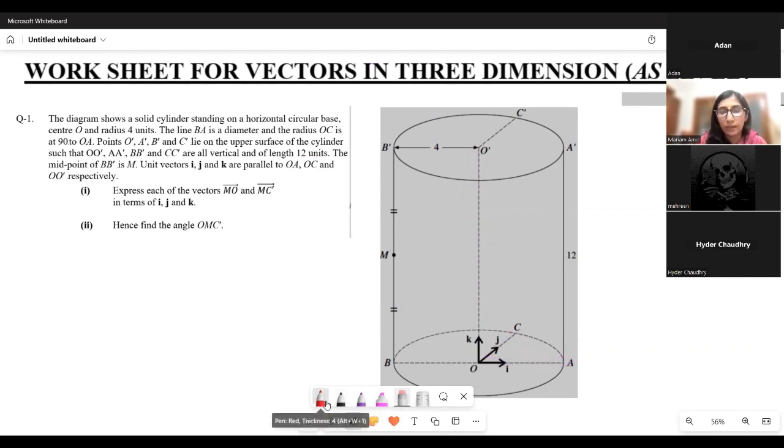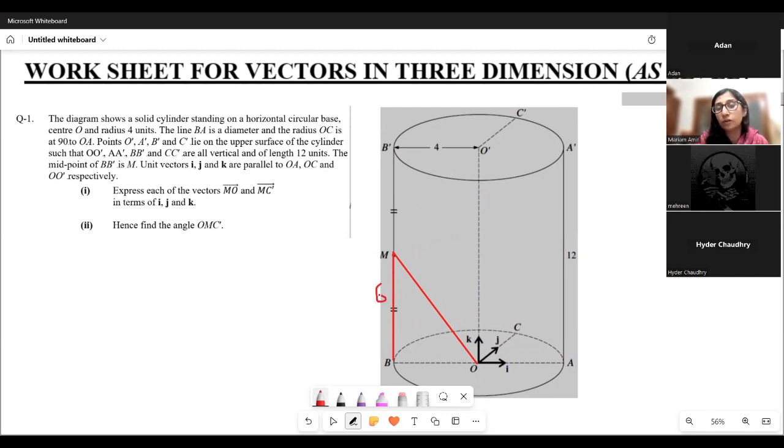So, let's see. M is here and O is down here, from here to here. How long is this length? You're told that M is the midpoint of B dash and B, so this would be 6 units. Which direction are we going?